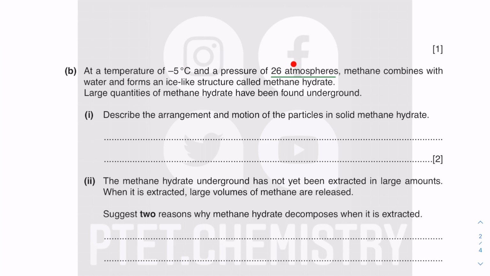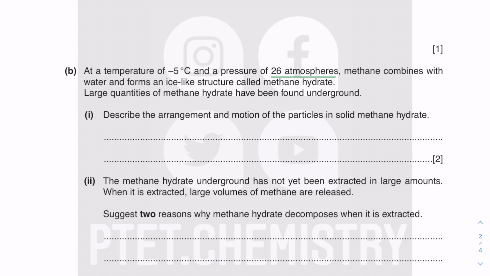This is much higher than the atmospheric pressure. Methane combines with water and forms an ice-like structure. So methane is a gas at 25 degrees Celsius and atmospheric pressure, but it forms an ice-like structure called methane hydrate. As usual, you know, hydrate, hydro, aqueous, they all refer to something with water.